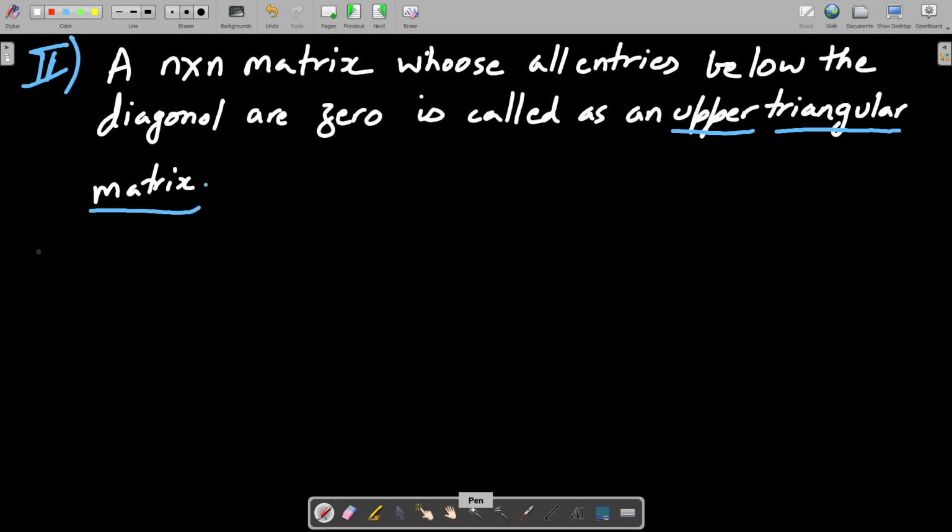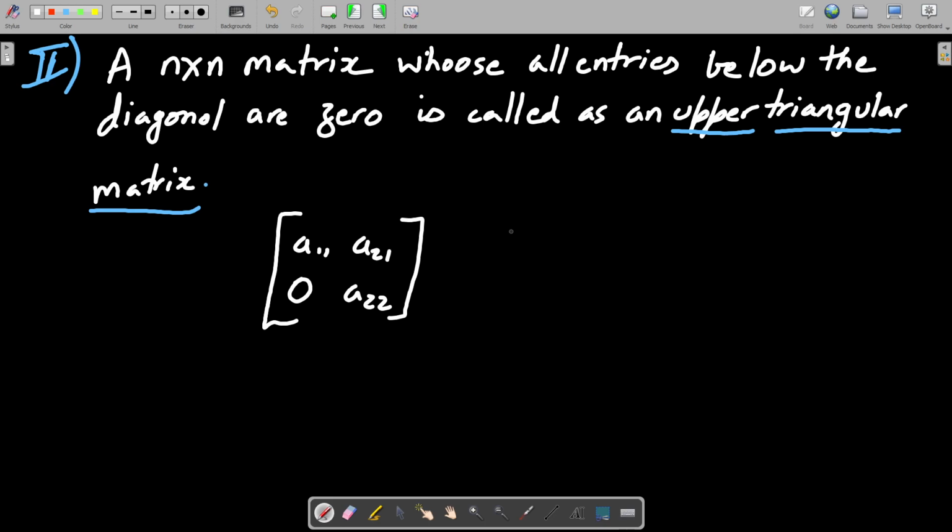Okay, example, the notation basically is going to be of this form, like A11, A22, A21, 0.